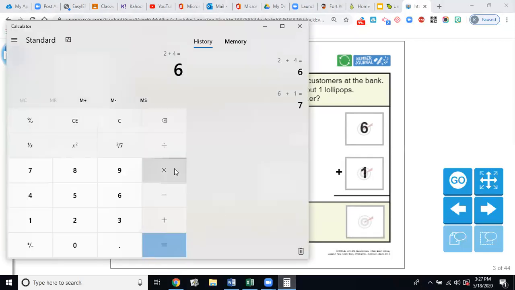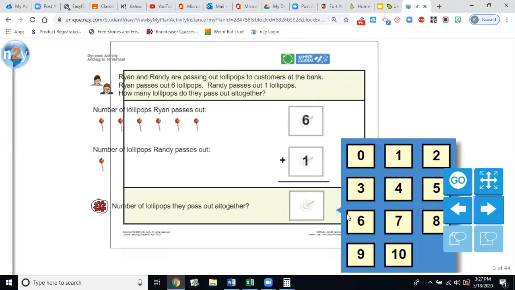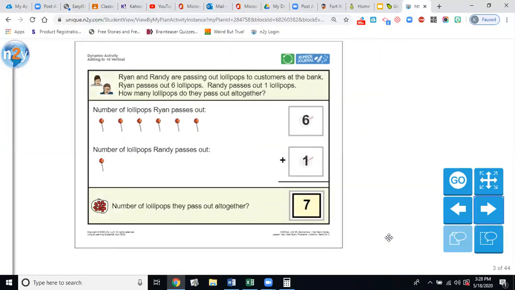Let's go over to our calculator. Type in 6 plus 1 equals. Here's our past ones. All right, 6 plus 1 equals 7. There's our answer right there. 7. All right.